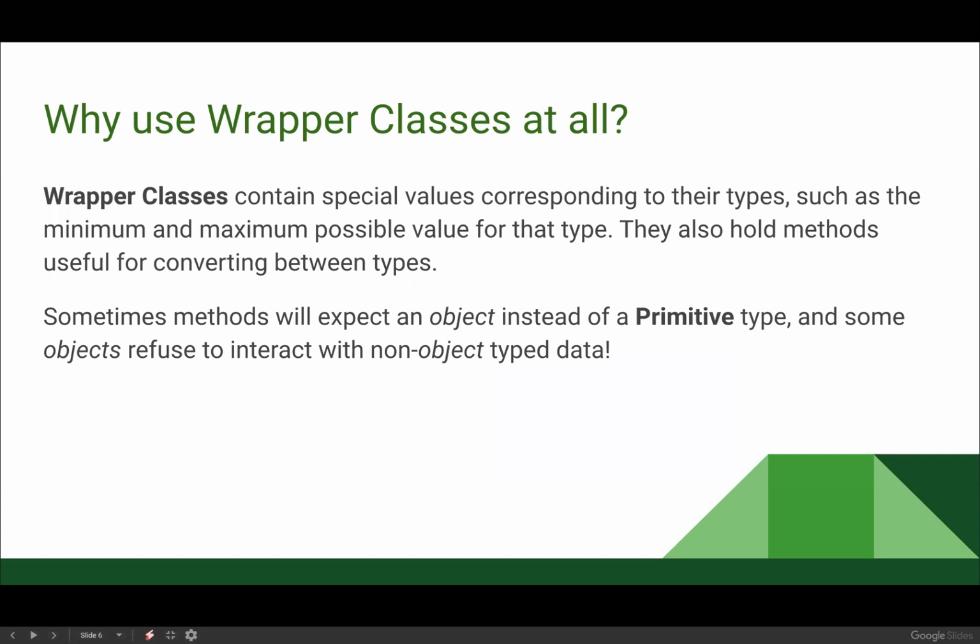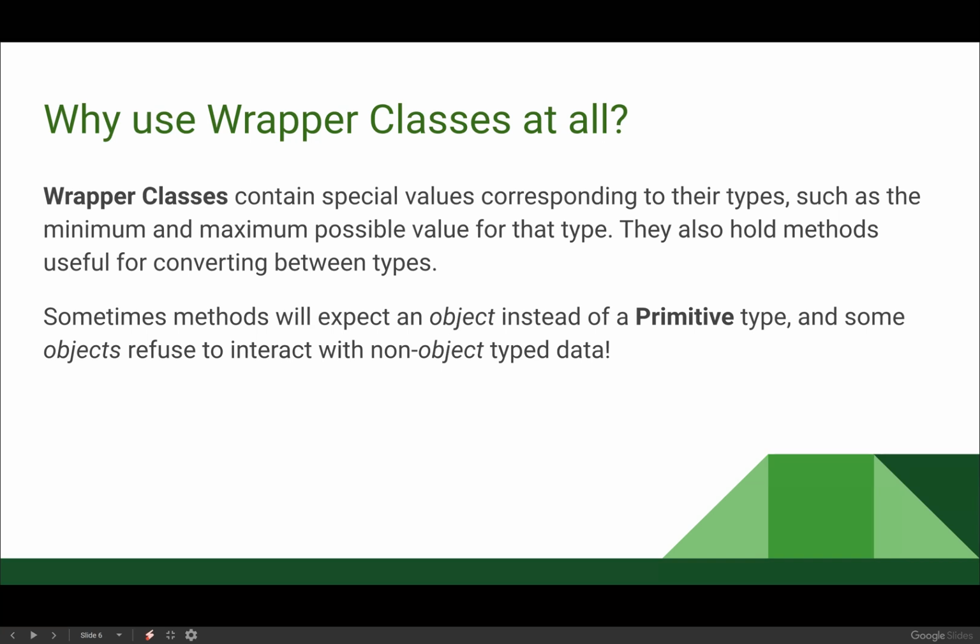Why would we want to use wrapper classes at all? So wrapper classes are going to contain special values that are going to correspond to their types. We talked already about some special values held within the Integer class, like the minimum and maximum values for the integer type. They'll also hold useful methods that are good at converting between types.